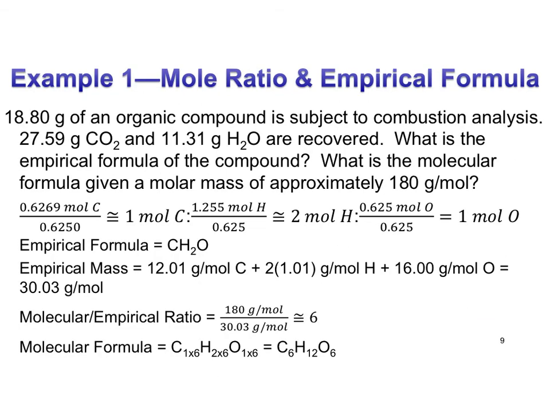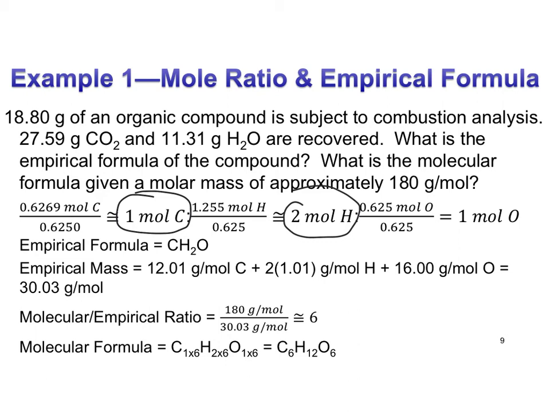The smallest of these three is 0.6250 moles of oxygen. Thus, we will divide each element's moles to determine a simple ratio. For carbon, 0.6269 divided by 0.6250 is approximately 1 mole of carbon. For hydrogen, 1.255 divided by 0.625 is approximately 2 moles of hydrogen.